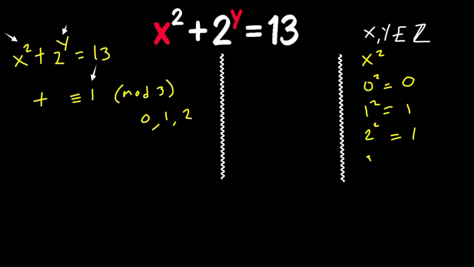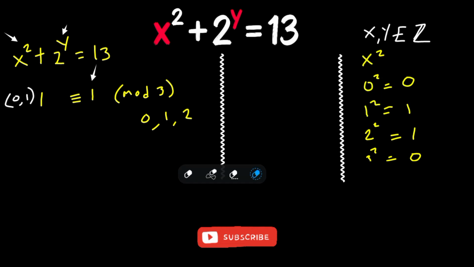If x is 3, it gives us 9, which has a remainder of 0. You can keep on doing this for all numbers. We're going to realize that the only remainders you can get are 0 or 1, and that's due to some algebraic reasons. If you're interested in the reason, let me know in the comments. It means for x squared, the only values we can have are 0 and 1.